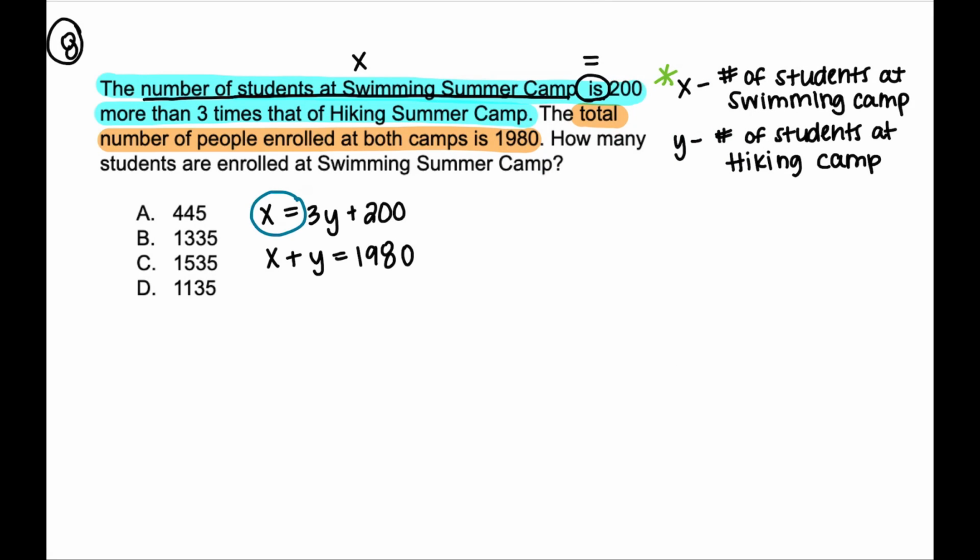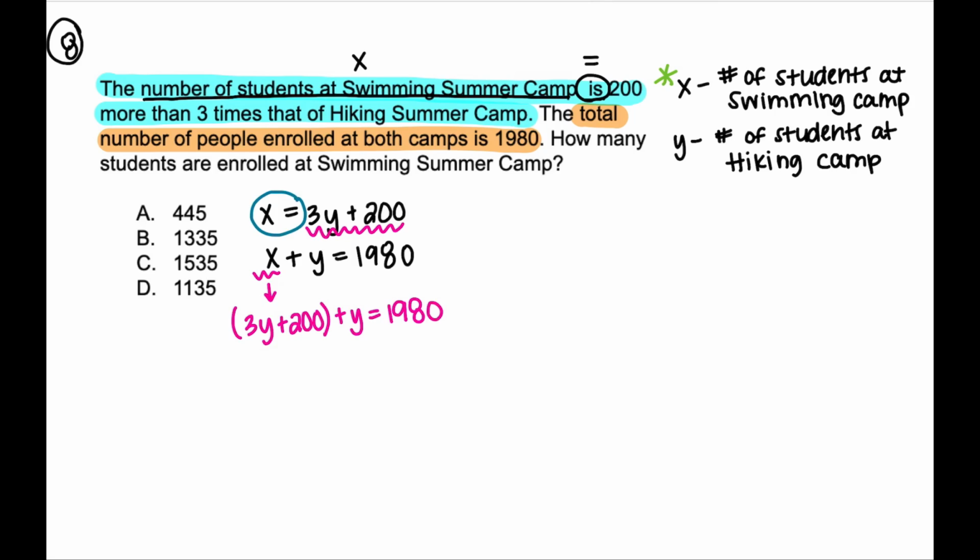So what is X? Well, if we want to use substitution, we can, because we have X equals. That variable is isolated. So anywhere we see an X, we can put 3Y plus 200 in its place. All right, so I'm going to put my parentheses, plug in 3Y plus 200.